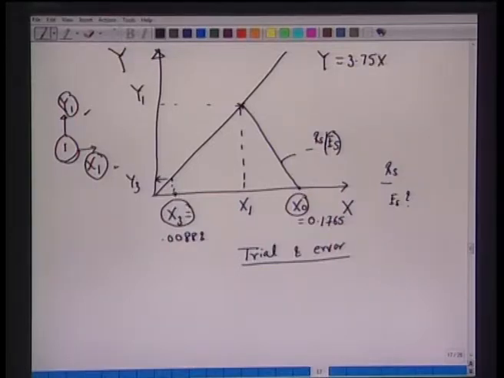One has to assume some slope, or assume ES, which we have been asked to find out. Take this slope, we get this concentration x1.